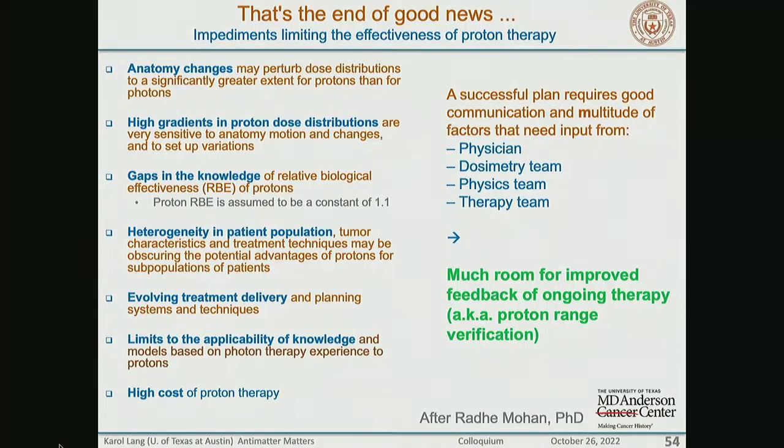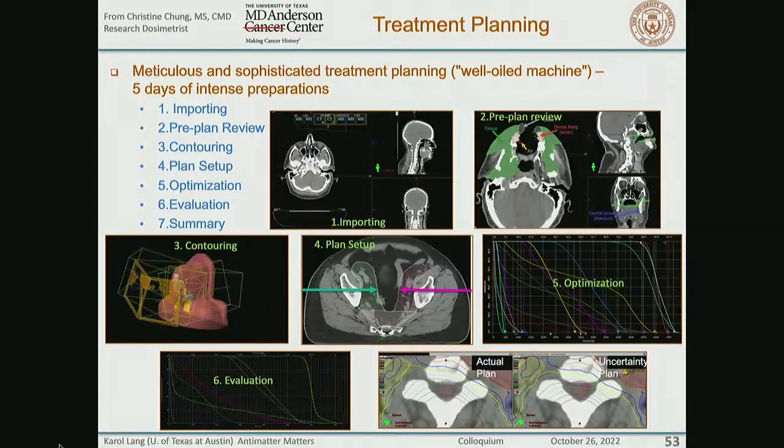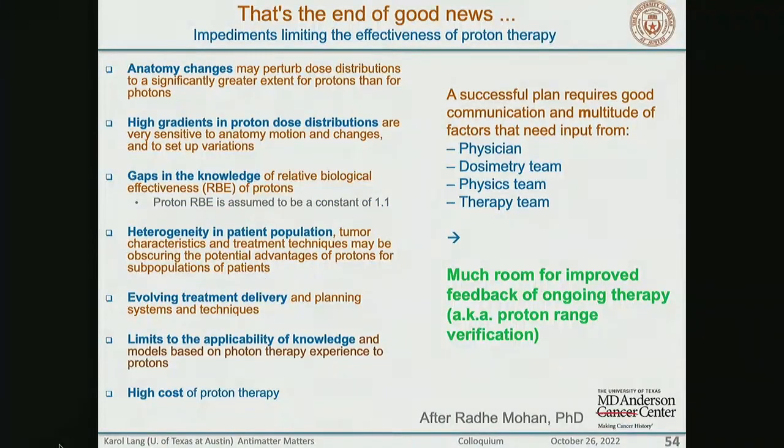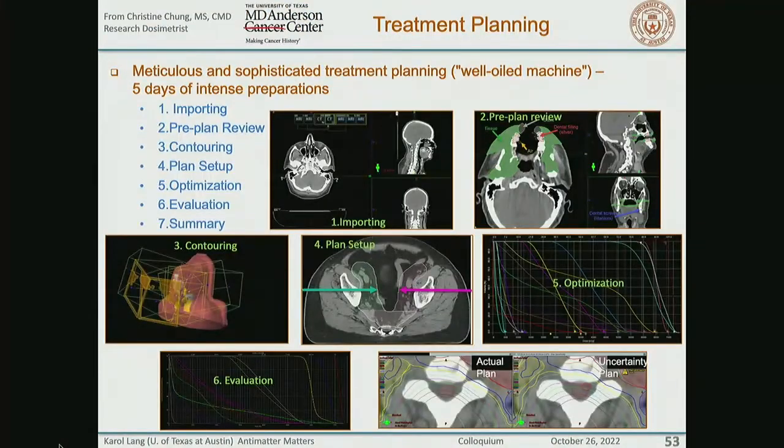The question is, how well is all this planning working? There are uncertainties. One of these images here shows margins of uncertainty, what the energy is, what the problems are with localizing the tissue, what the problems are with applying certain beams and all that.